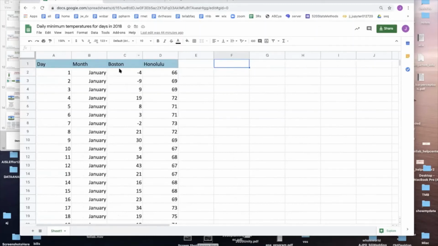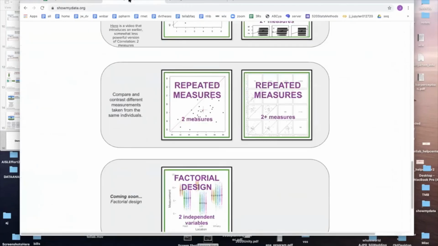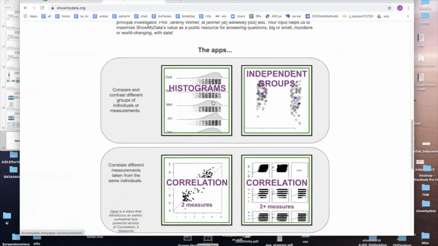So I have here a year's worth from 2018 of minimum daily temperatures, starting in January 1st, January 2nd, January 3rd, for both Boston and Honolulu. So let's grab this Boston and Honolulu data and let's wallow in our sadness about how they differ.